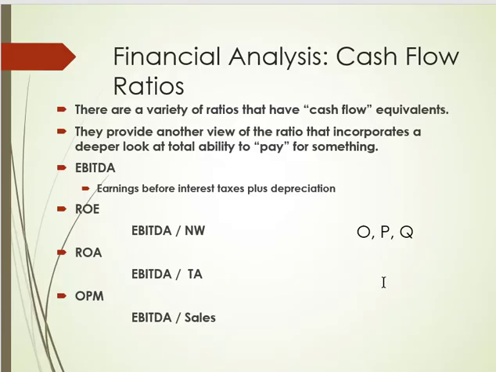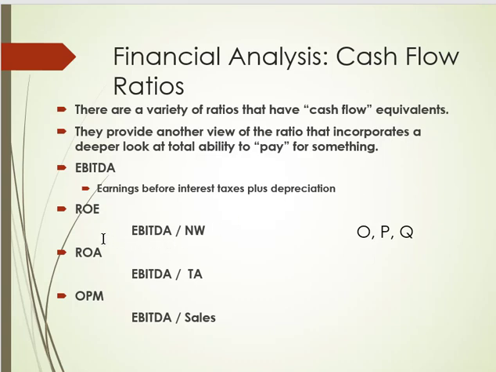The final set of ratios that I want to talk about are really ratios we've talked about before, but now we're going to look at them in the form of cash flow. The new variable we're plugging in here is EBITDA, earnings before interest, taxes, depreciation and amortization.